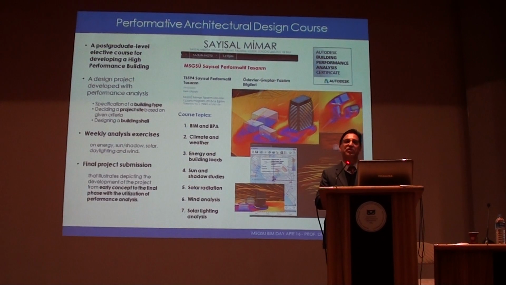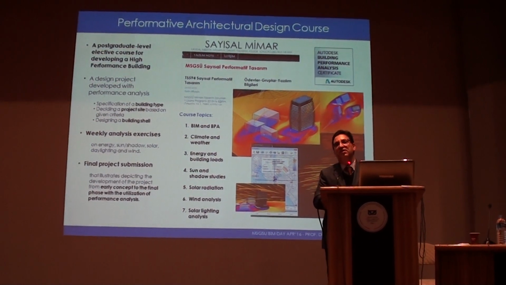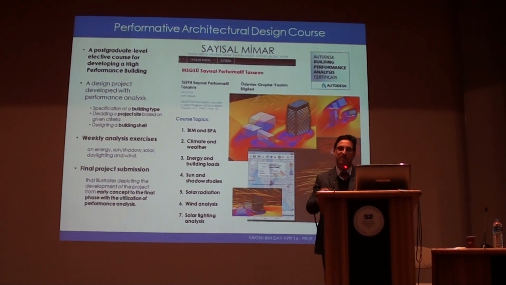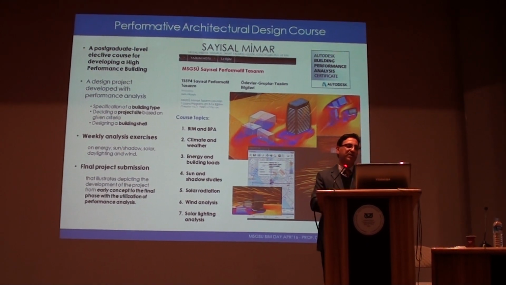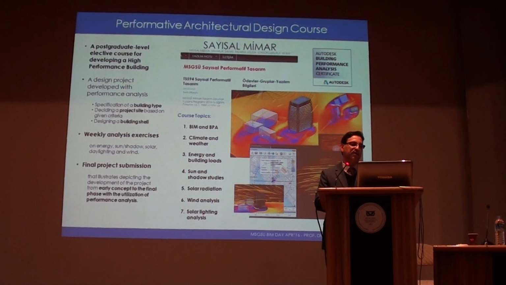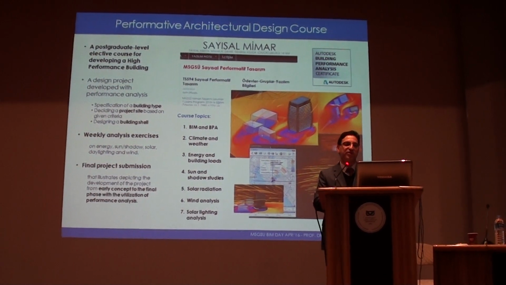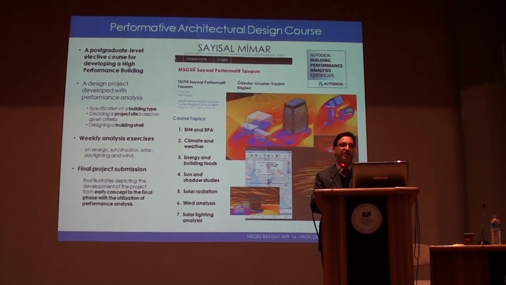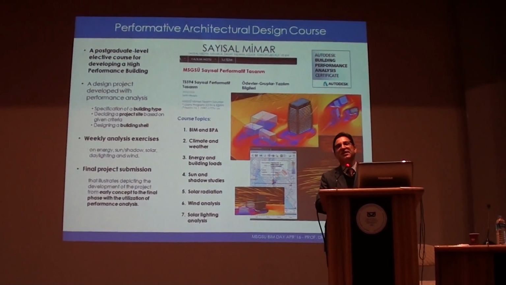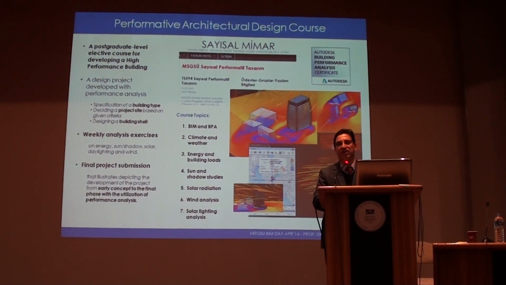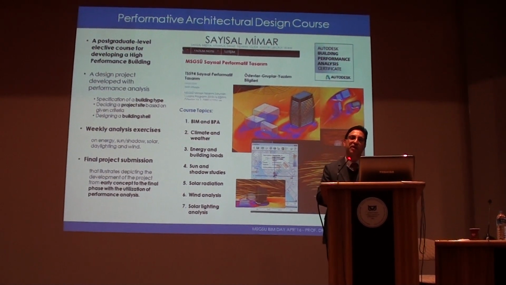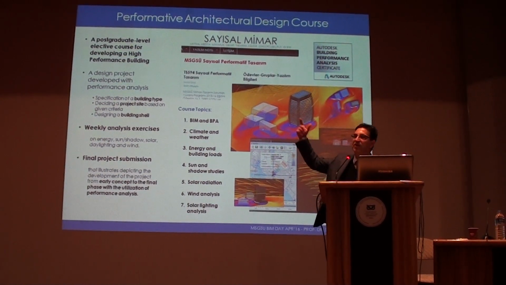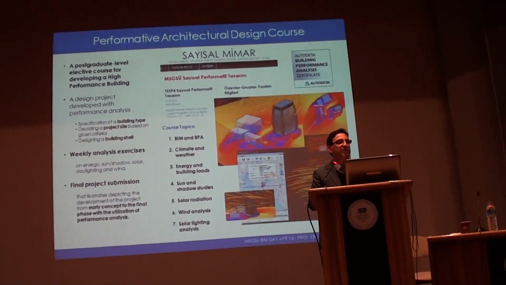They are required to have general knowledge about the distribution of functions within this building. So they are expected to submit weekly analyses regarding energy, sun-shadow relationship, solar, daylight, and wind. At the end, they submit a final project. That final project should fulfill all the energy requirements defined in the earlier stages of the course.